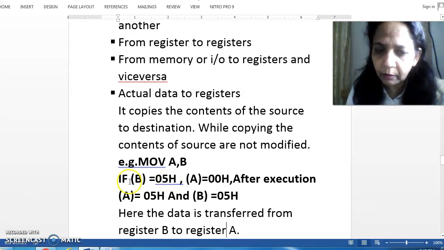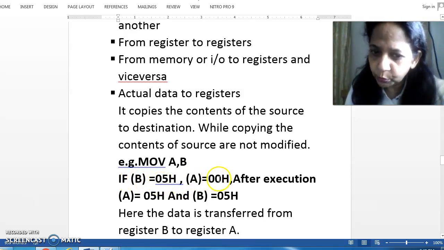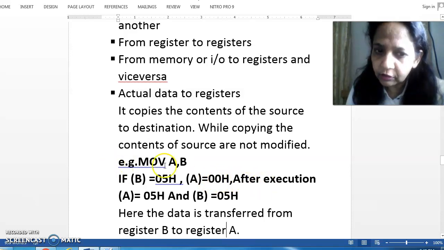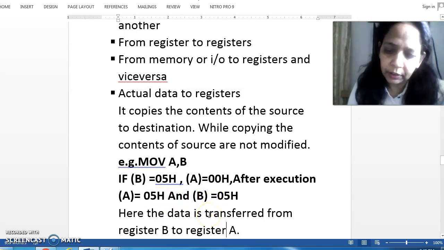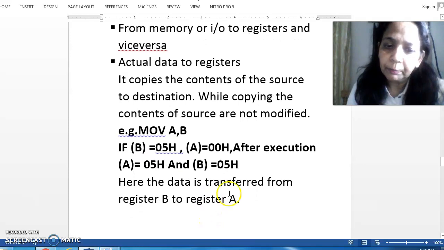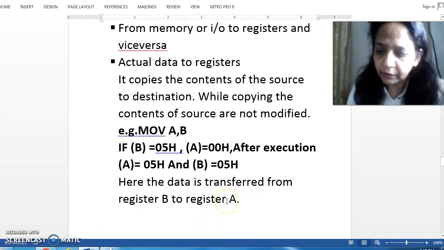Now it is an 8-bit number, so you have to write the 2-digit value. Then A has 00, for example. After execution of this instruction, the A register, that is the accumulator, will also have 05, and B also will have 05. So here the data is transferred from the B register to the A register.